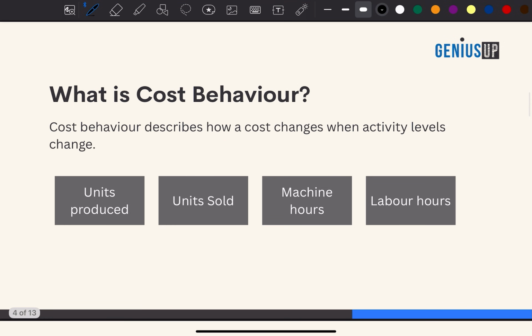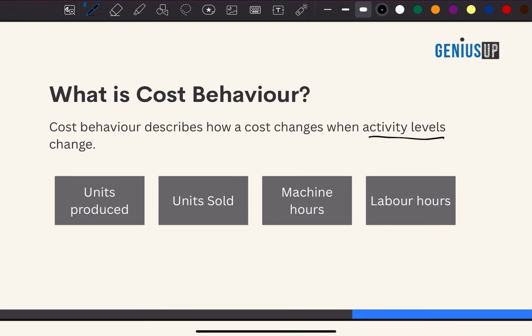So what is cost behavior? Cost behavior describes how a cost changes when activity levels change. It's the relationship between the cost and the activity level. For example, if we produce more units, does the cost stay the same or does it change?